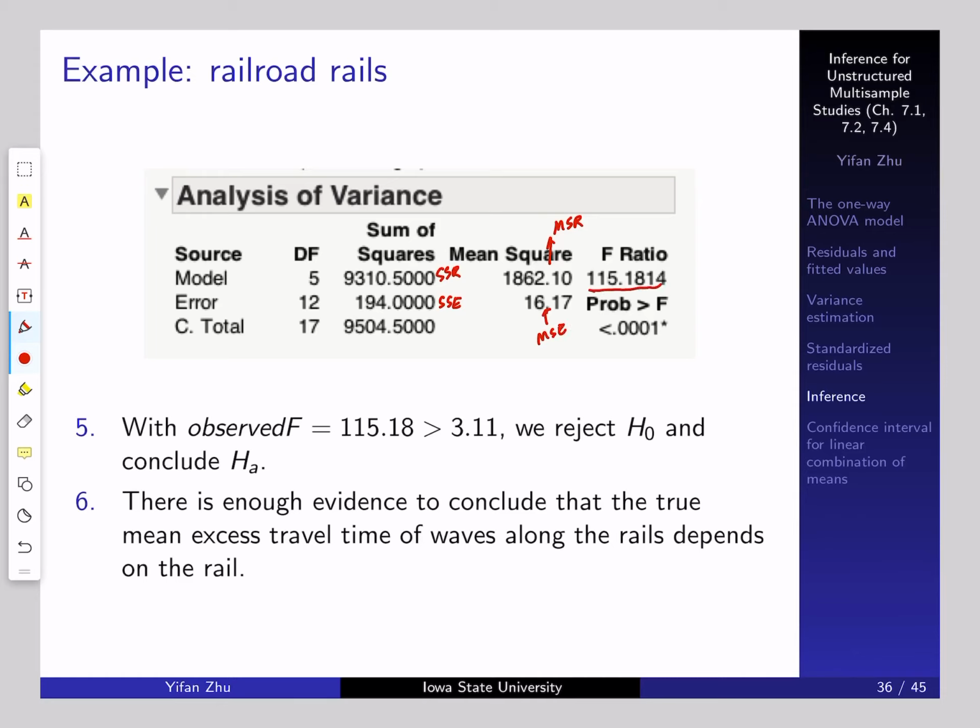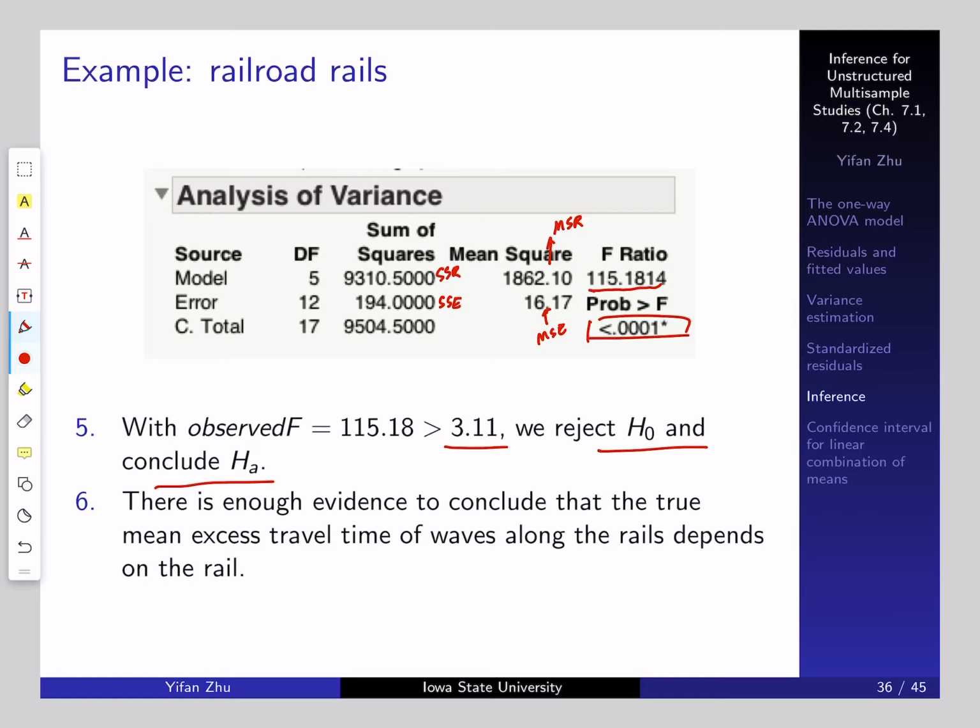And you get the observed F statistic, which is 115.1814, and that is greater than 3.11, the critical value. So we will reject H naught and conclude the alternative. You can also look at the p-value here. The p-value is a small number, less than 0.0001, so you can also reject H naught because the p-value is so small.